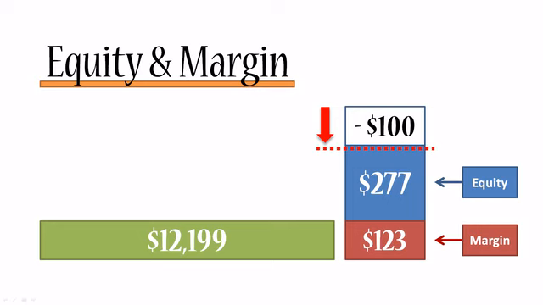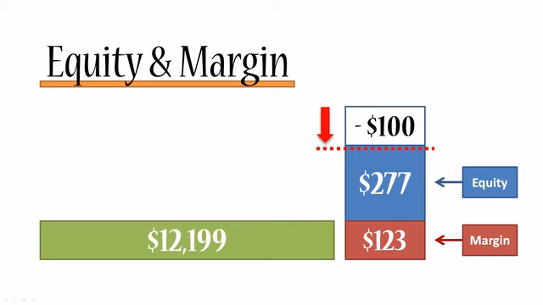So on the Forex market, equity is updated all the time, and when you lose money from a transaction, you can see it eat into your equity right away. Now your available equity is only 277. So if you want to conduct any more transactions, you'll only have that 277 equity to work with.